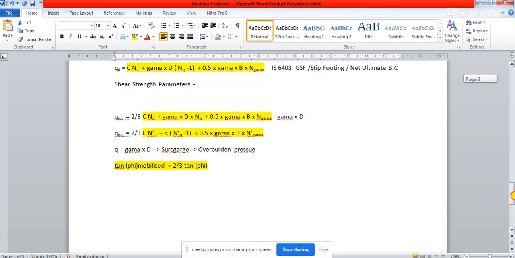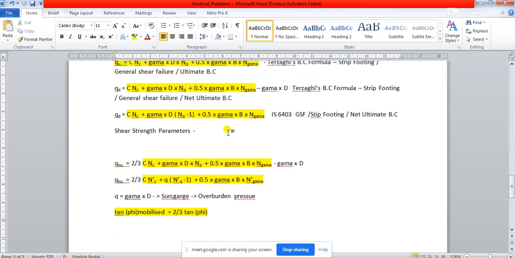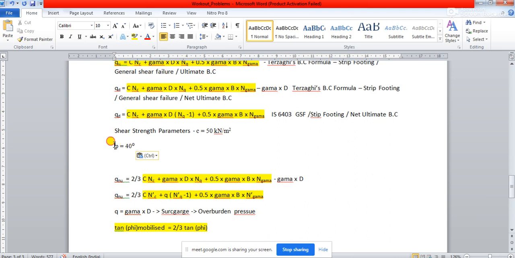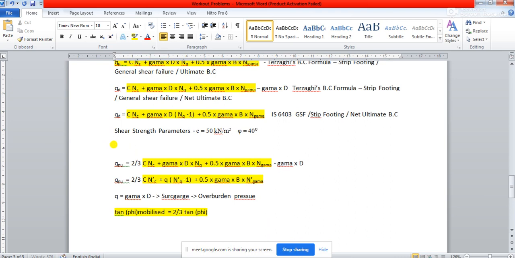So let us come down. Shear strength parameters are these two, C and phi. Let us remove these terms. So basically C and phi, these two are the factors, isn't it? Shear strength parameters.